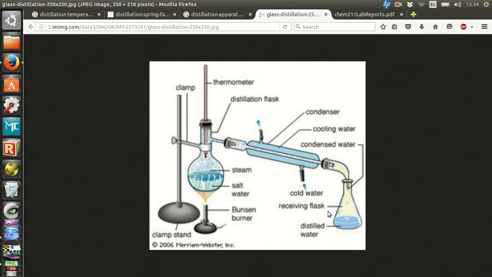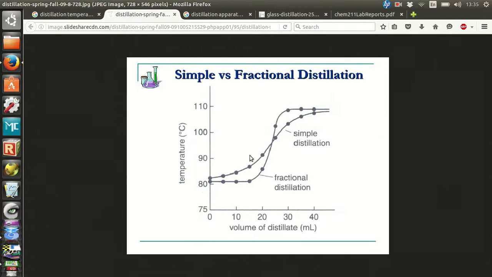We're interested in the milliliters of the distillates. So let's see. You can graph this on two separate graphs if you want, the fractional distillation on one graph, the simple distillation on a separate graph if you want, as long as you have all these features: title, axis labels, and you must label the graphs. I mean the curves.